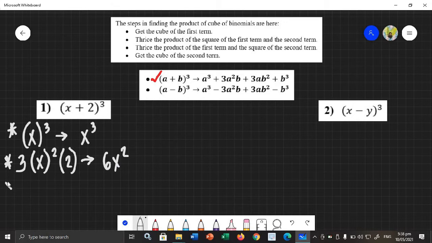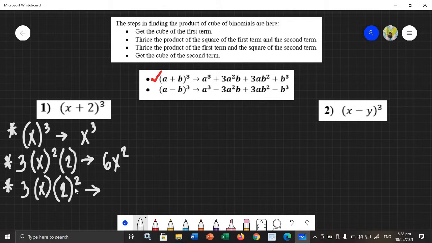And then the third step, we need to get thrice the product of the first term. Ang first term natin is x. Again, thrice ulit, so multiply natin yung product sa 3. So, 3 times x times the square of the second term.